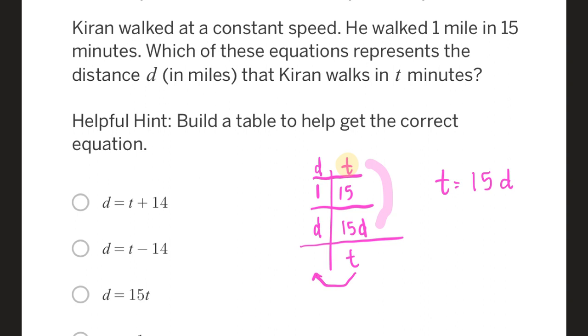Well, instead of multiplying by 15, we're going to just take our time and divide by 15. So that option is D, because 1/15 is the same thing as dividing by 15. So there we go. So the chart is the best way to kind of organize your brain in these situations.